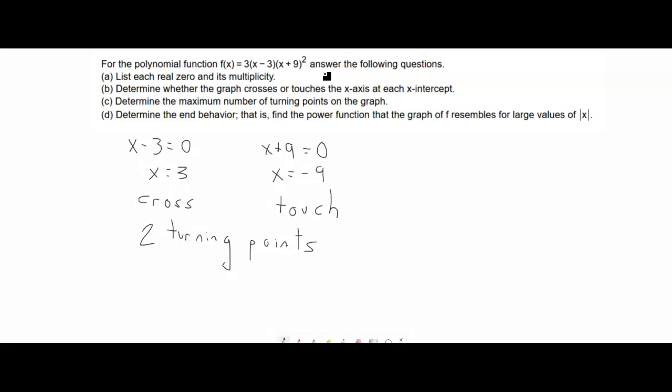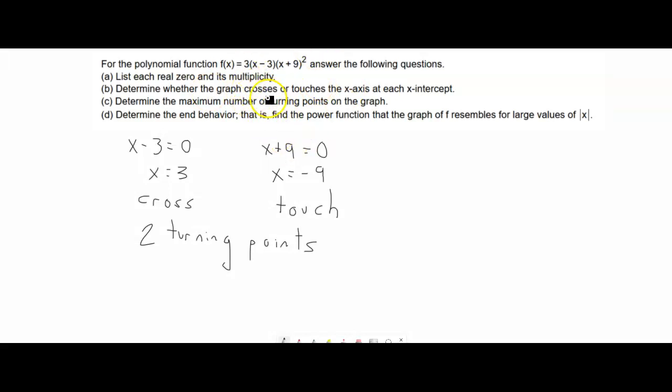So for small values of x, yeah, there's going to be a pretty big difference depending on which of those terms are. But for large values, when we're talking about 10 million or 10 billion, or negative 10 million or negative 10 billion, then it's going to resemble extremely close to just the first term in that polynomial. So really all we have to do is find that first term.